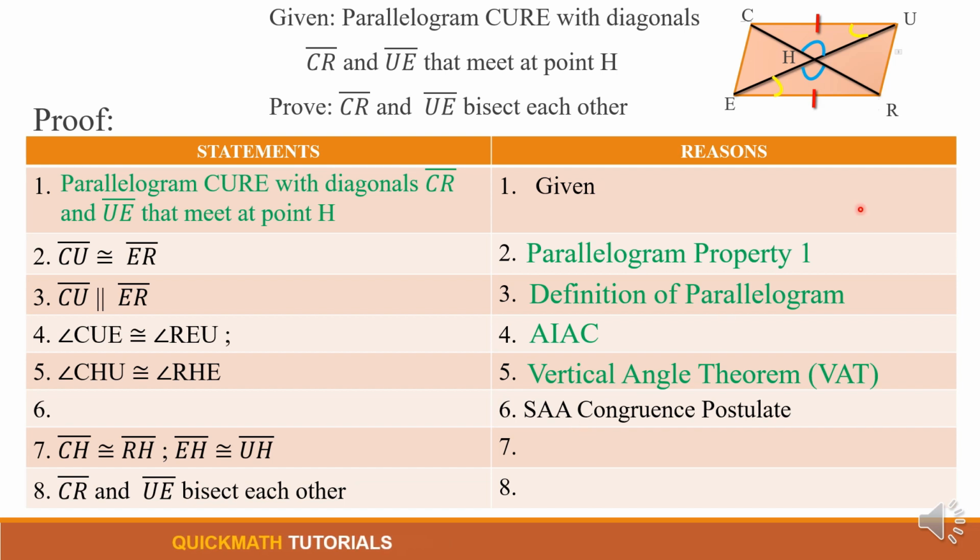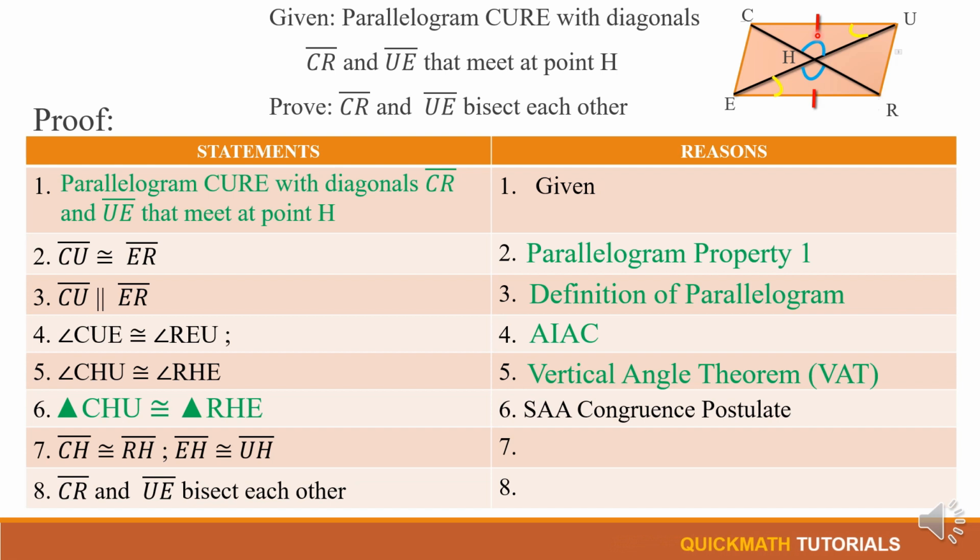And for number 6, since here in our illustration we already have the side, angle, and angle, we can conclude that the two triangles CHU, see this triangle, is congruent to this triangle. And that is by SAA or side, angle, angle congruence postulate.